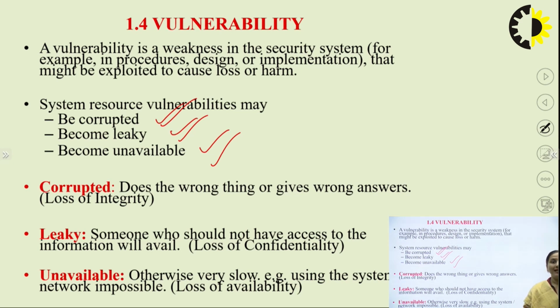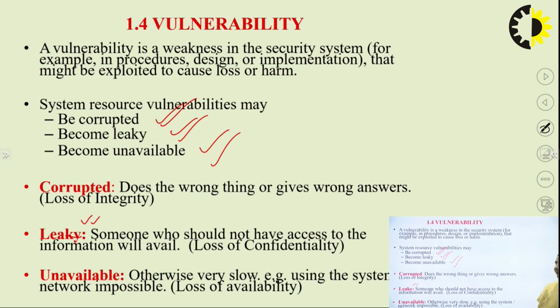If it is so, then we generally say that the system is a leaky system, right? So it is something based on which the loss of confidentiality occurs. If due to vulnerability there is leakiness in the system, it leads to a loss of confidentiality. So again, the system should not be a leaky system.